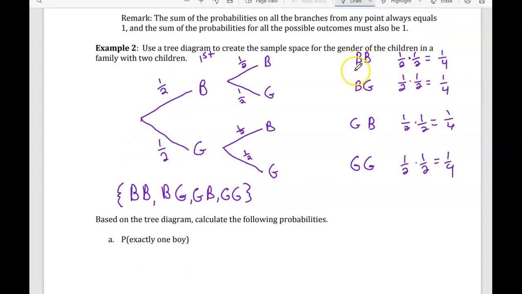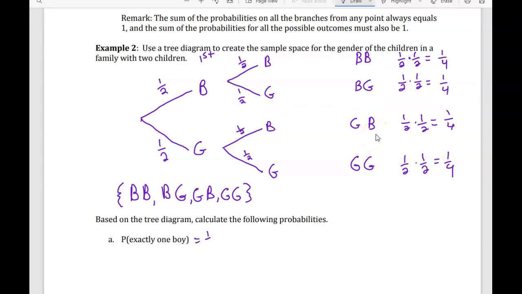Well, here we get 2 boys. Here we get 1 boy. And here we get 1 boy. So we actually get 1 boy in both of these cases. We've already multiplied the 1/2 times the 1/2 following this path, and then following this path here. So we can get it this way, or we can get it this way.